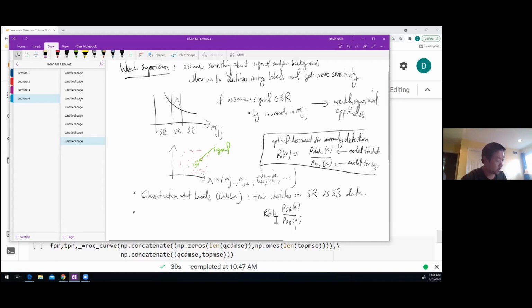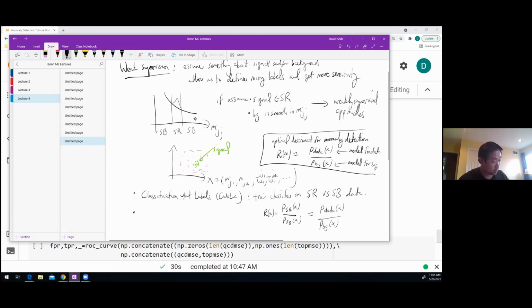So let's think about what this means. The numerator is just the data distribution. What about the denominator? The denominator is the distribution of these features for data in the sidebands. I'd like to say that that's the background distribution, but in order to say that, I have to make one additional assumption, which is that these features don't care about whether I'm in the signal region or the sideband, in the background.